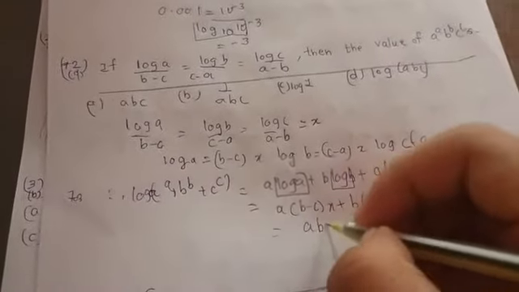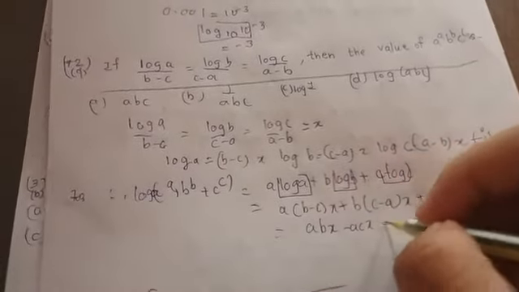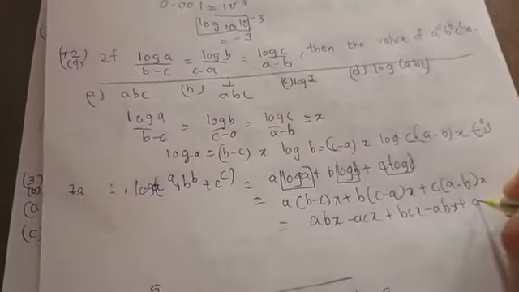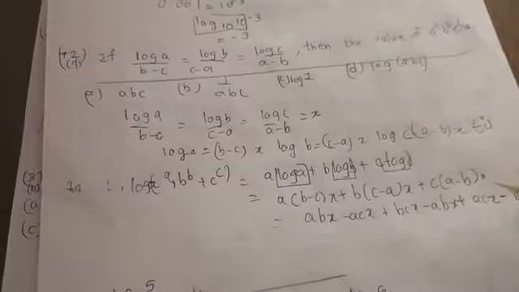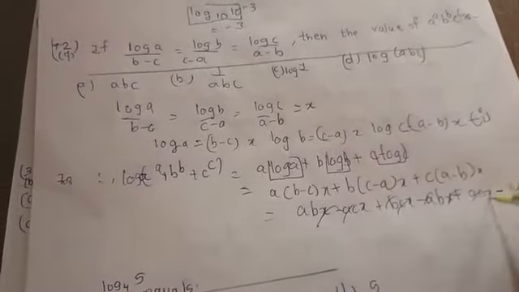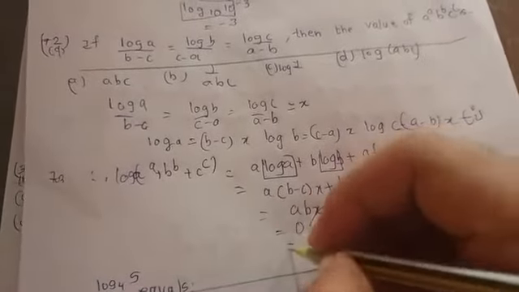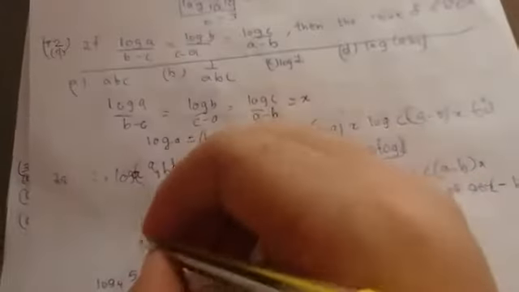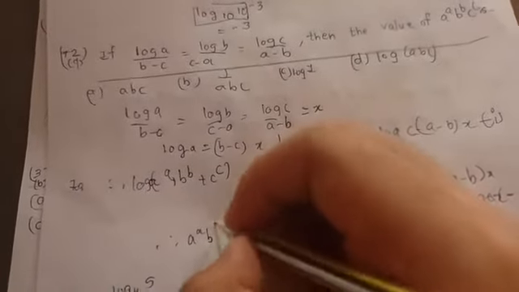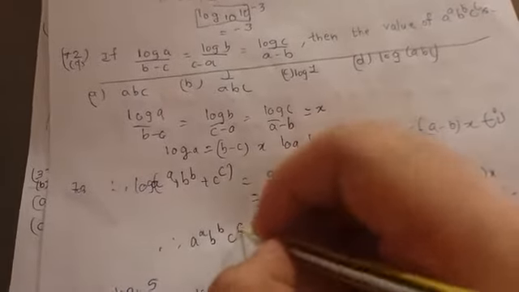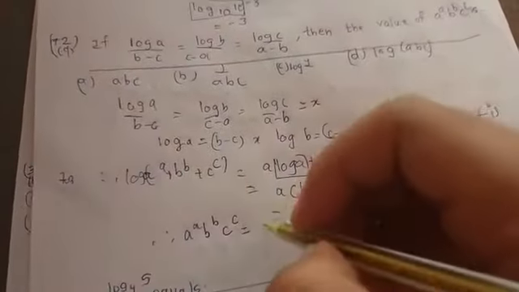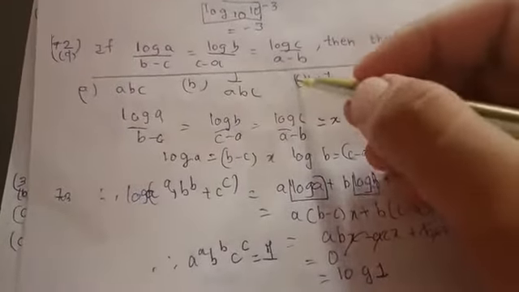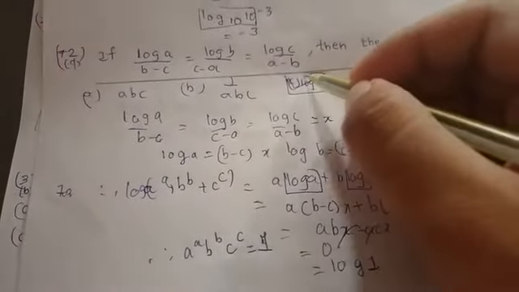Therefore, this becomes abx minus acx plus bcx minus abx plus acx minus bcx. All this sums up to 0, which is none other than log of 1. Therefore, a raised to a, b raised to b, c raised to c is equal to 1. Therefore, in question number 72, option C, 1, is correct.